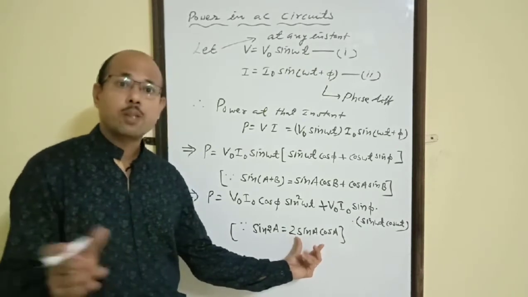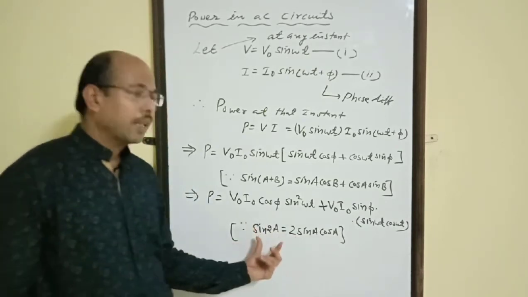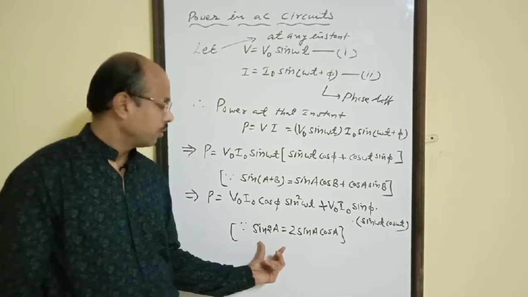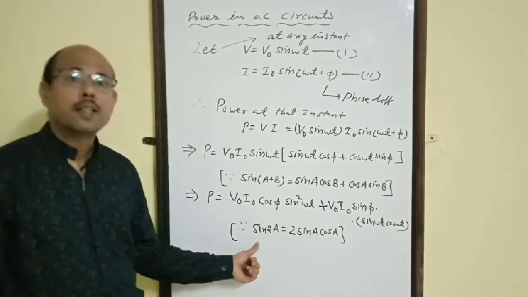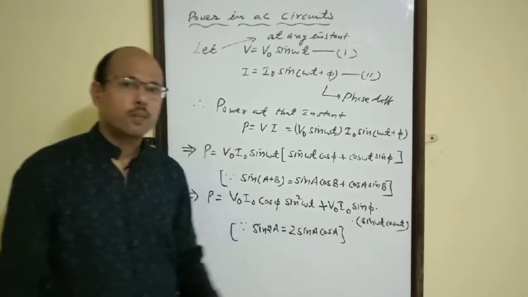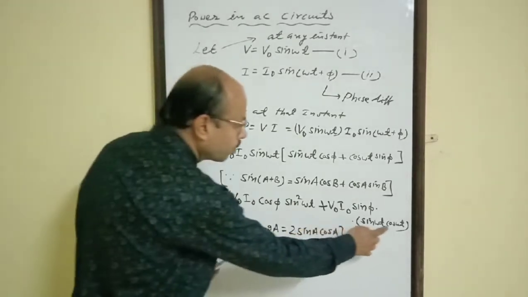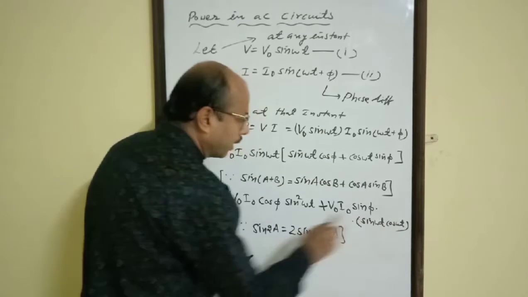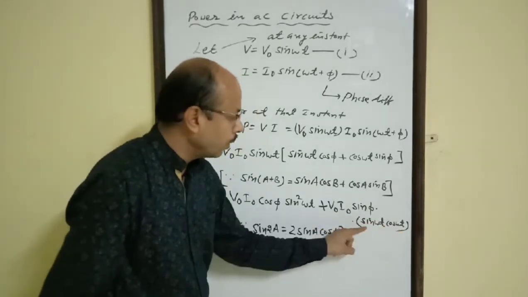I am giving this example so that you can easily recall the expression for horizontal range, then you can remember what sin 2 theta is. So sin 2A equals 2 sin A cos A. Here we are going to use this formula for sin omega t cos omega t.